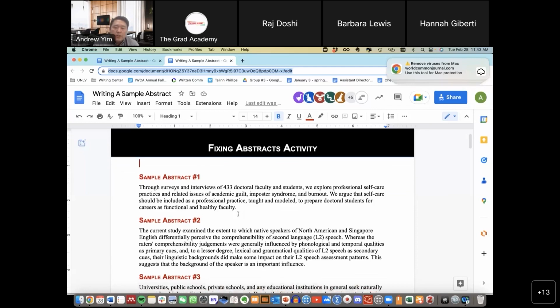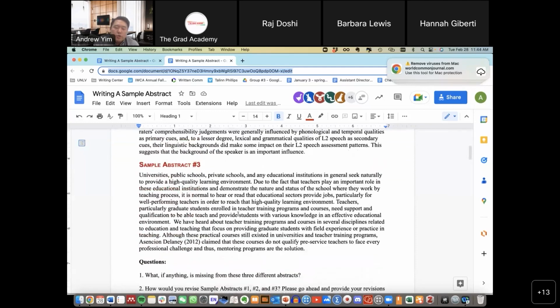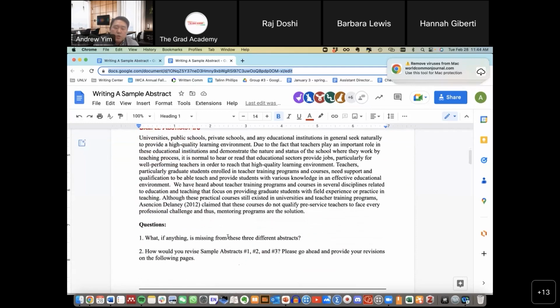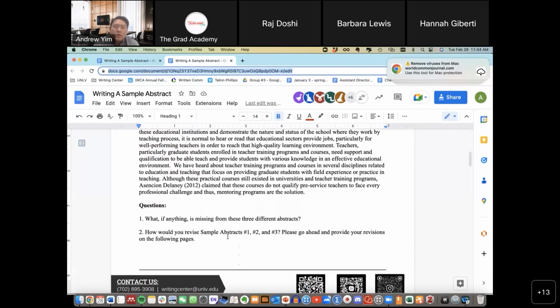Regarding sample abstract 1, of the two questions I asked earlier, question 1 is, what, if anything, is missing from these three abstracts? So from abstract 1, what is missing from that example? Then question 2, how would you revise sample abstracts 1, 2, and 3?